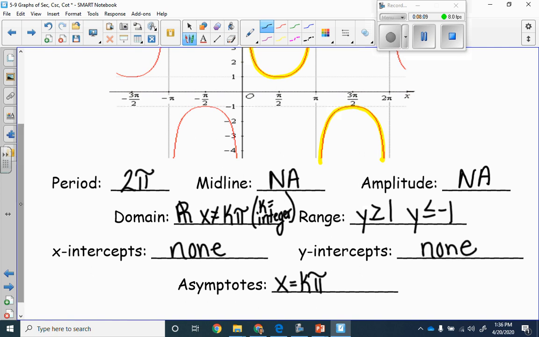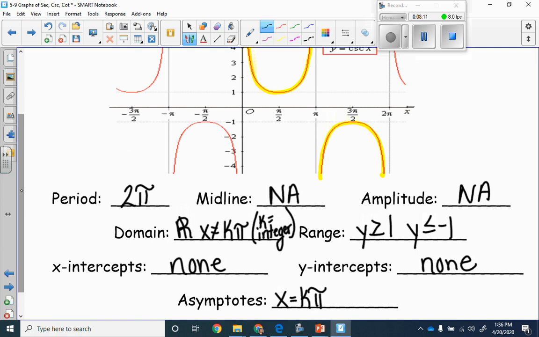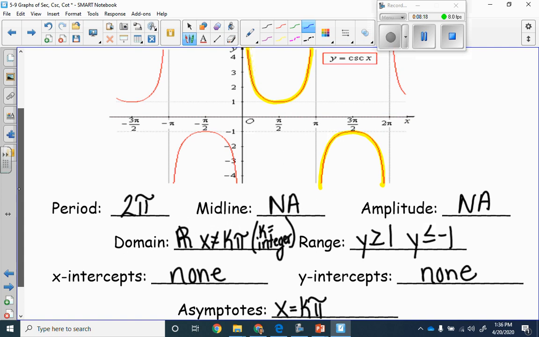Now, something unique about this function, and you might remember me saying that it's not that bad if you know how to graph sine and cosine. You're probably looking at this graph saying, how am I going to remember what this graph looks like? Well, if I think about the sine curve, it starts at 0, goes to the maximum, then the midline, minimum, back to the midline.